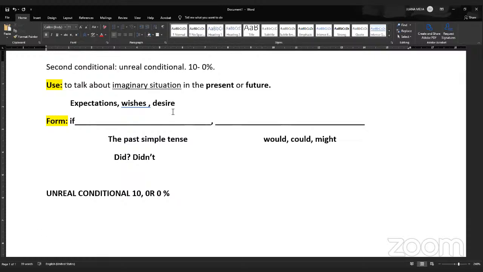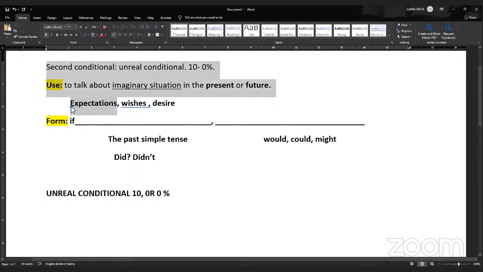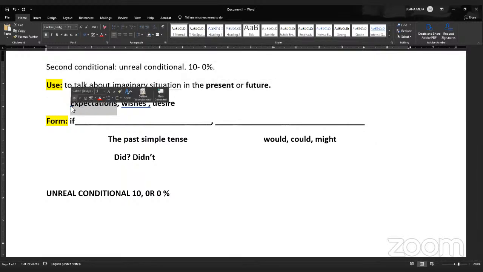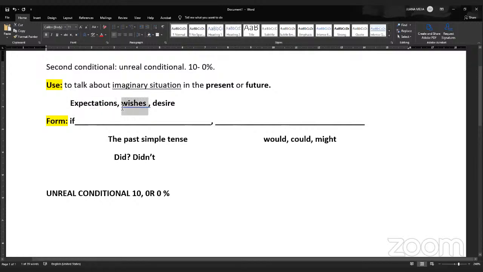It's expectations, you see this word, para una expectativa, en presente o en futuro. Wishes, para un deseo. Desire, es un deseo más profundo. Desire es algo personal, presente o futuro. So, for me, it's a real conditional. 10% or 0% of probability.